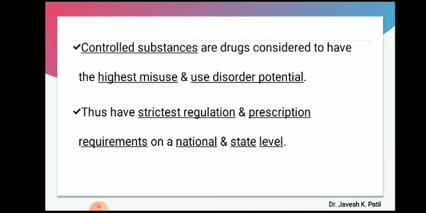And if they are followed by the doctors, then only they are allowed, and also only the licensed doctors or registered physicians are allowed to use or to write such medications, which are called controlled substances, in the prescriptions.